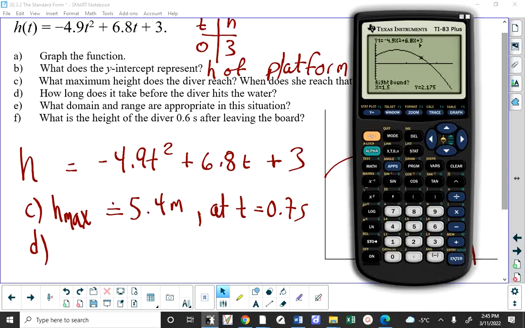And then we have to put it to the right. And that's why I wanted some of the graph below so I could put my cursor to the right. And then hit enter. She's in the air for 1.7 seconds. 1.7 seconds after she leaves the springboard, she splashes down.